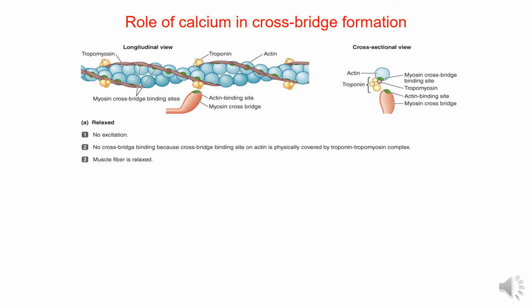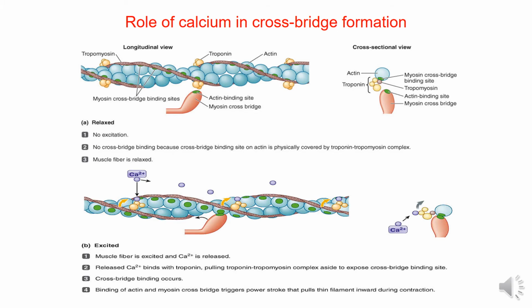These actin binding sites are covered with the tropomyosin, so that is the relaxed state. With the binding of calcium with the troponin, the tropomyosin will be moved away from the binding sites on the actin, allowing the sliding of actin over myosin and the generation of muscle contraction.